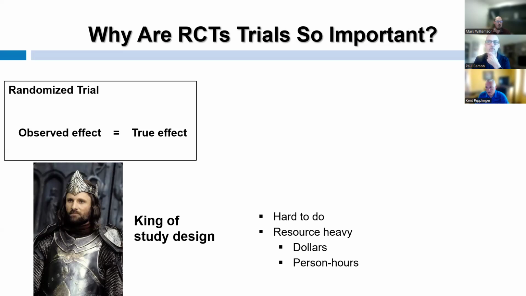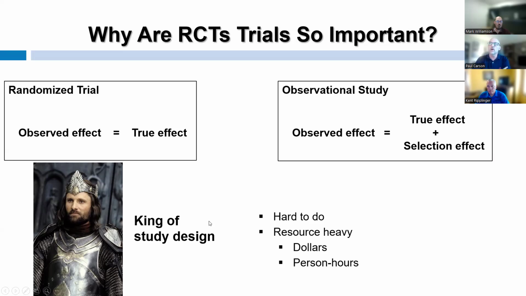Clinical trials require a lot of resources, both money and a lot of person hours. And so, as much as we'd like all of our evidence to be based on randomized trials, sometimes it's not practical to do those, or we may not have the resources to do that for every question we have.